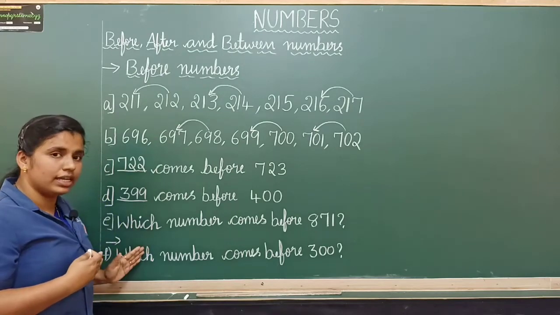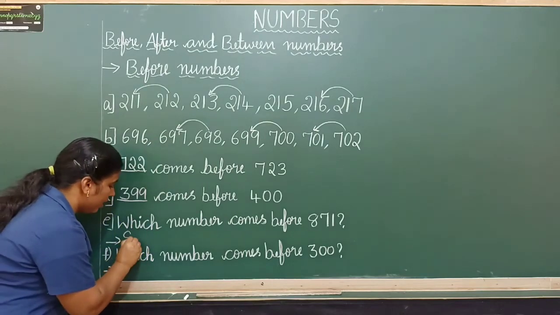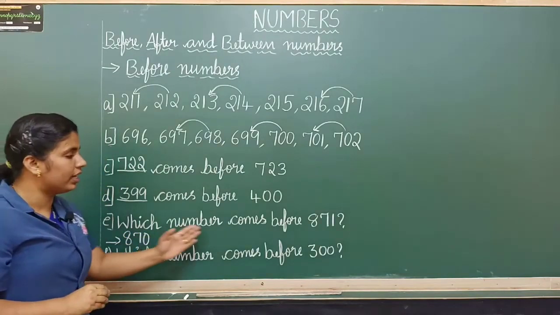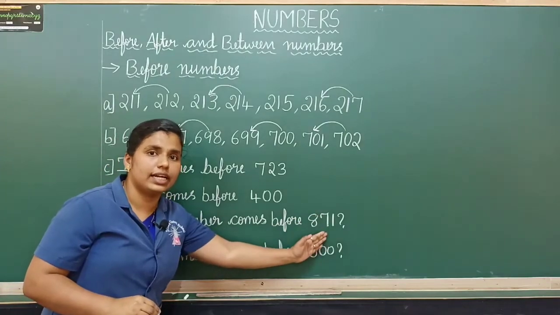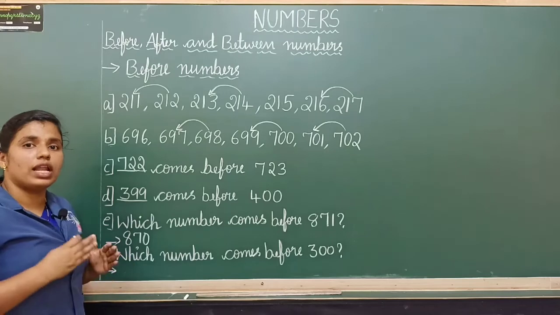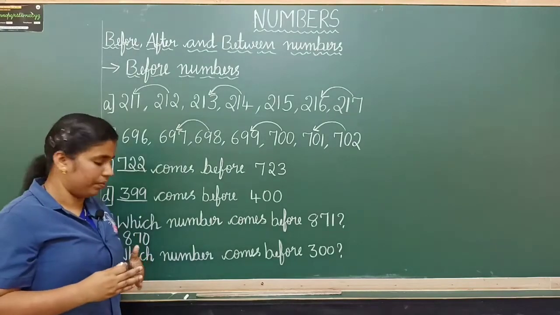So the answer is 870. 870 comes before 871. Let us solve last one more example.